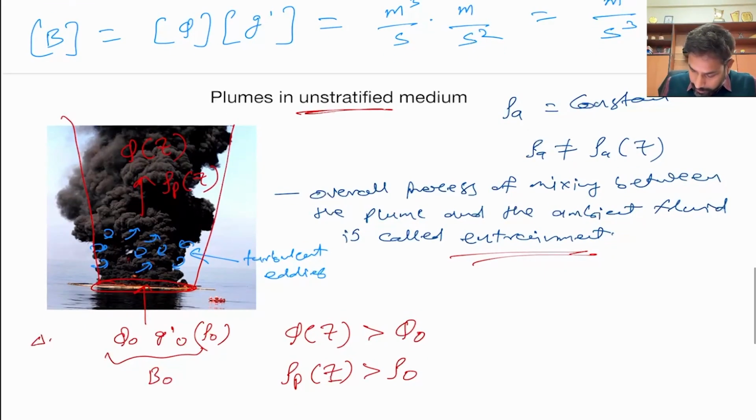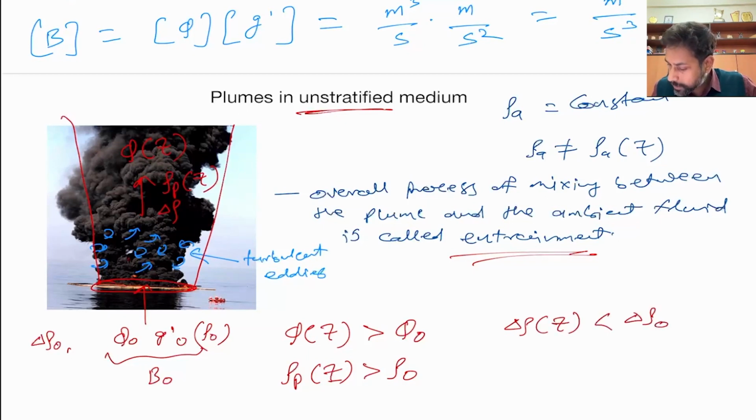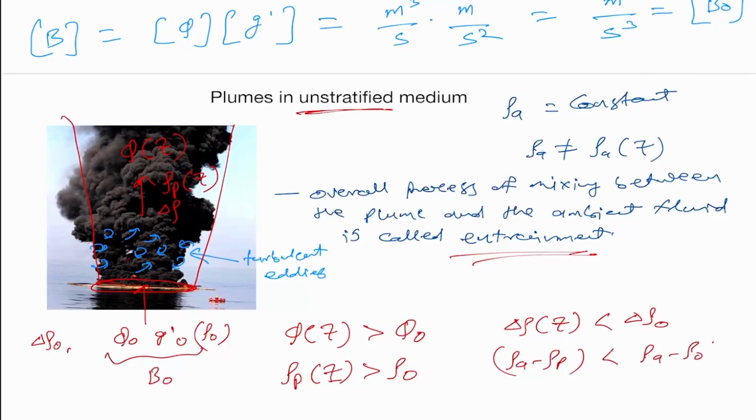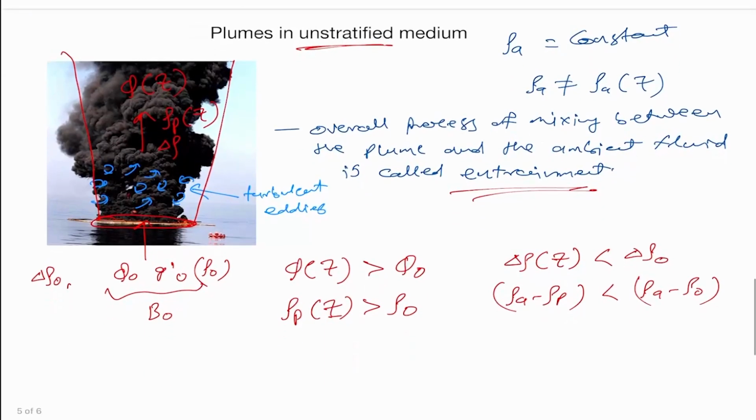Here we had this delta rho in the beginning, let's call that delta rho naught, and now there will be delta rho as a function of z, which will be smaller than delta rho naught, where delta rho of z is rho a minus rho p, that is smaller than rho a minus rho naught. And because of that, g prime as a function of z is smaller than g prime naught.